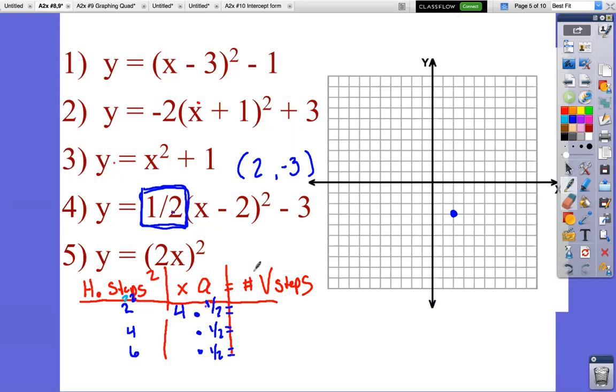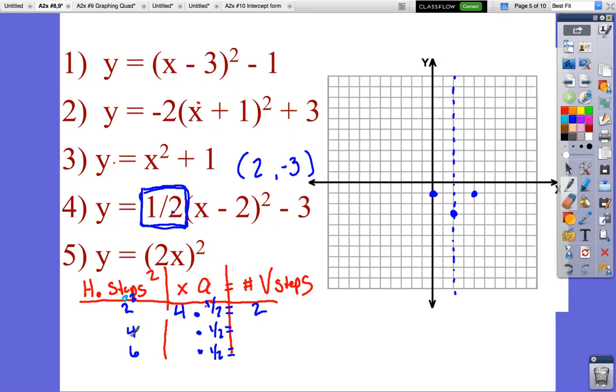What is 4 times 1/2? Two. Yeah, it's just 2. So if I take 2 steps over, again, draw in your axis of symmetry. If I take 2 steps, now my vertical steps are positive 2. 1, 2, 1, 2.